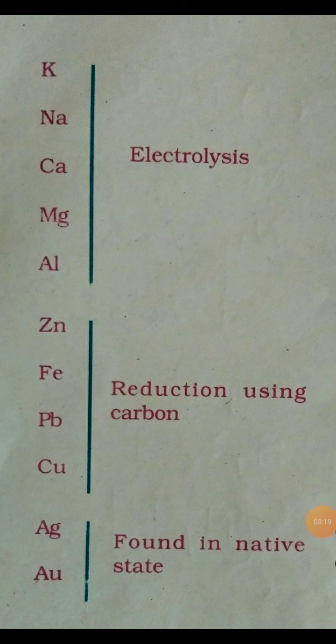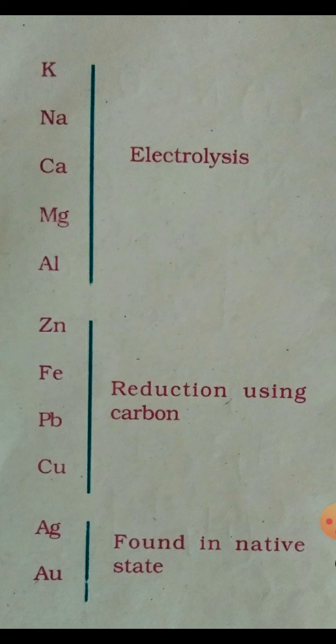We have already learned about the reactivity series of metals in our previous session. Having this knowledge, we can easily understand how a metal is extracted from its ore. Some metals are found in the Earth's crust in the free state. Some are found in the form of their compounds.